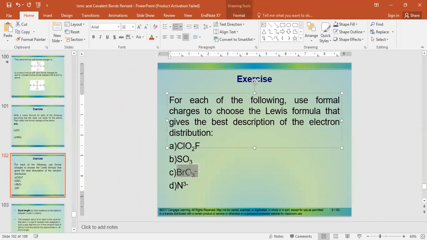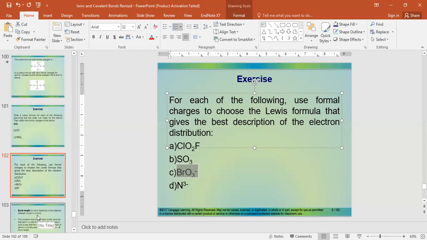So allow us to look at these compounds at the end. Which is it, the bromate ion? Yes, the bromate ion. Allow us to look at this at the end after I have discussed a few things.